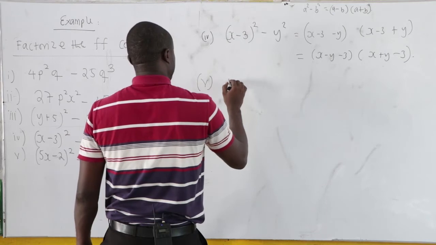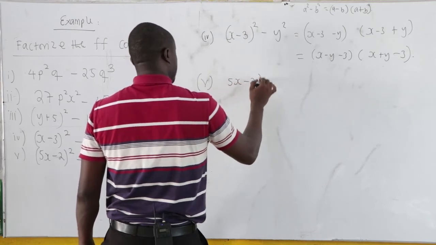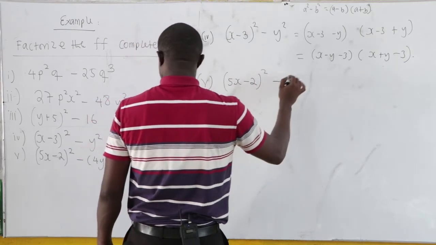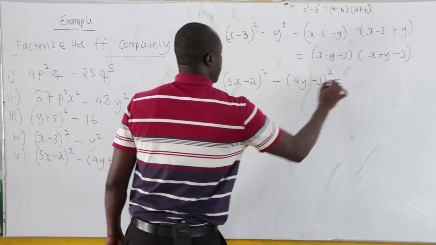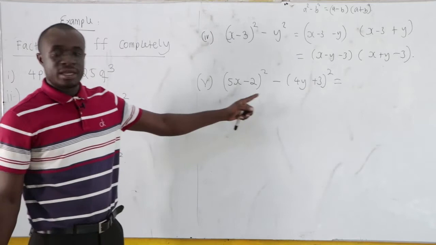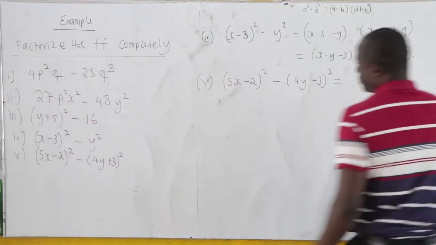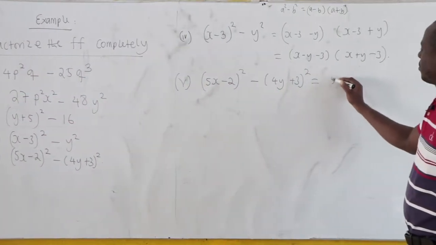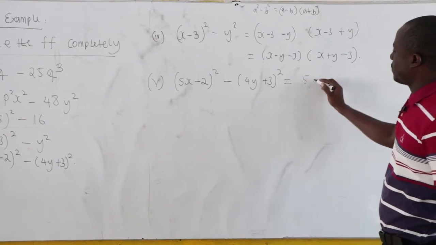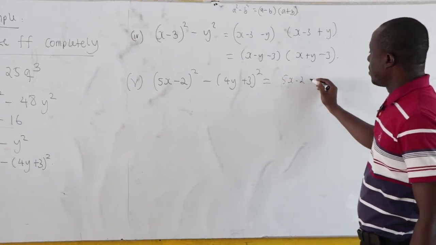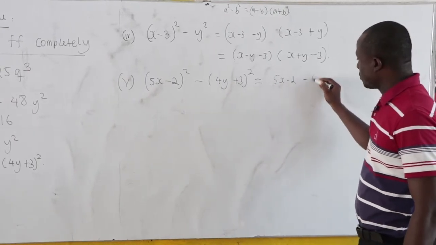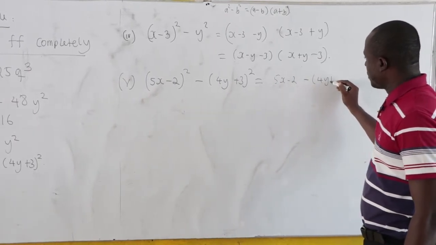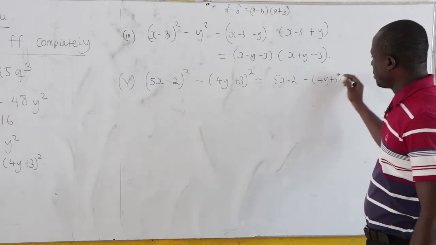Now let's see the fifth one. We have 5x minus 2 all squared minus 4y plus 3 all squared. So this is our A, and this is our B. Here that will be A minus B. Our A is 5x minus 2, but minus B, where B is 2 terms, so I have to put it in brackets, 4y plus 3, because the negative is affecting everything.